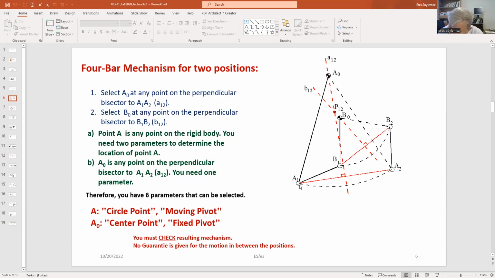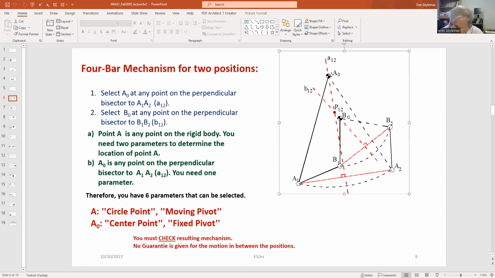For the selection of any point A, I have 3 parameters. And if I'm going to use that as a revolute joint, then its center will be over here, A0. So 3 parameters for the crank AA0, and 3 parameters for the crank BB0.